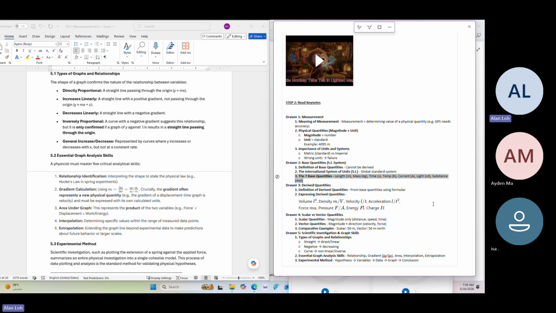Then you can also tell them about the international system, the SI system. And base quantity cannot be derived. That's the basic. Next, derived quantity. The name itself gives you an idea what derived quantity is, following what you have learned just now as base quantity. Then drawer 4, scalar and vector quantities. The scalar is with magnitude, the vector is with magnitude and direction.